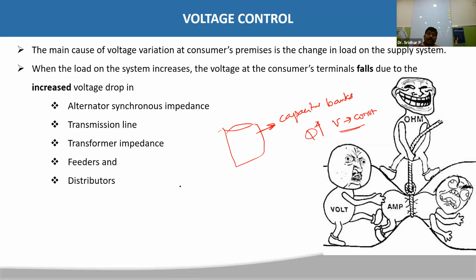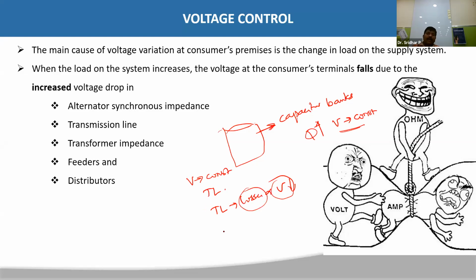And one more important thing: if the voltage is not maintained properly, especially in the transmission line, the losses increase. If the voltage decreases, then automatically the losses also increase.